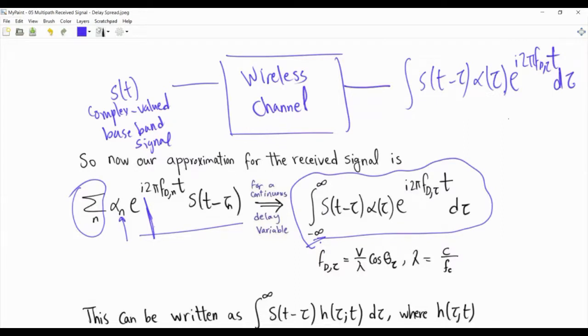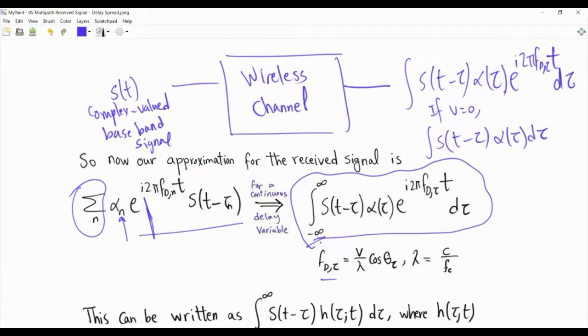Suppose that v is 0, so there is no mobility. The Doppler shift f_d is directly proportional to v, so if v is 0, the Doppler shift is equal to 0, and what we get is the integral of s(t minus tau) alpha(tau) d tau. What is this integral?